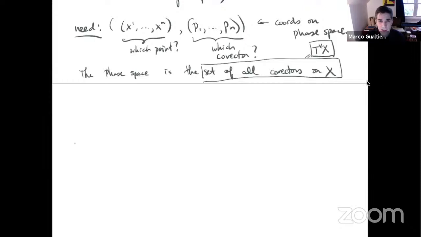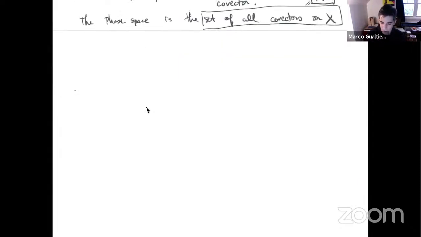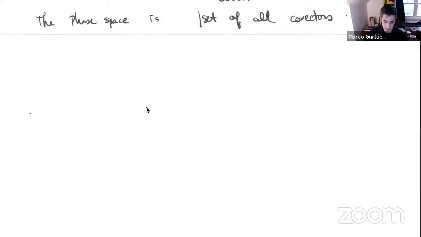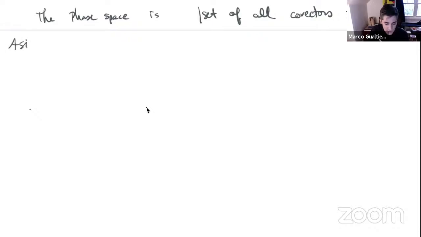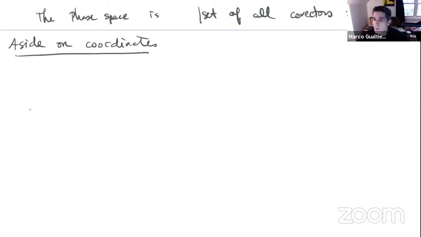It is a confusing thing, and it might be useful to go into a little bit more detail about it. Okay, so let me just start with that. So this is an aside on coordinates in phase space.